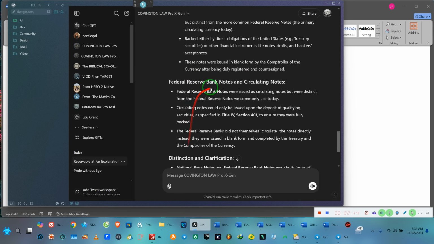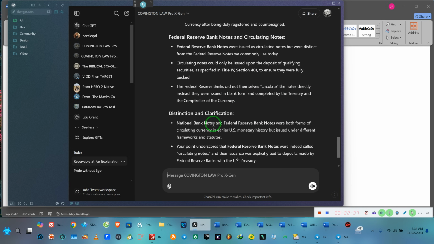Okay, Federal Reserve notes and circulating notes. Federal Reserve notes were issued as circulating notes, but were distinct from Federal Reserve notes, Federal Reserve bank notes, sorry, as commonly used today. Circulating notes could only be issued upon deposit of qualifying securities, such as those listed under Title 4, Section 401, to ensure that they were fully backed. Federal Reserve banks did not themselves circulate notes directly.